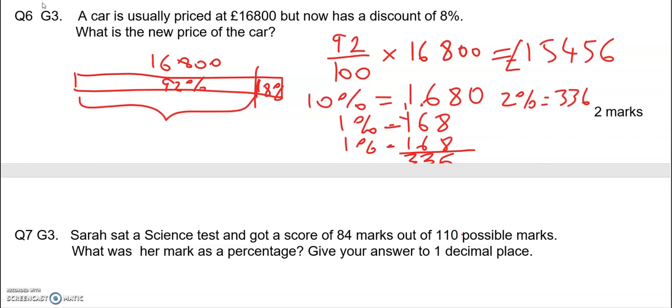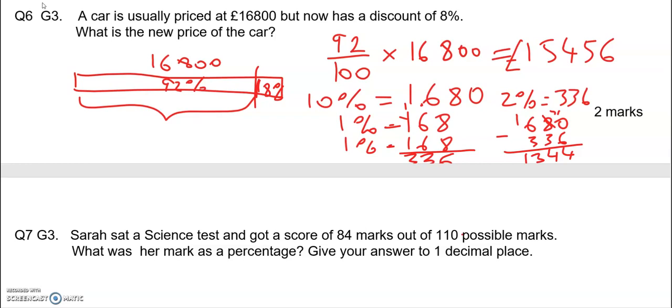So 10% was 1,680. Take away the 336. That gives us 4 here. 7 take away 3 is 4. 6 take away 3 is 3.